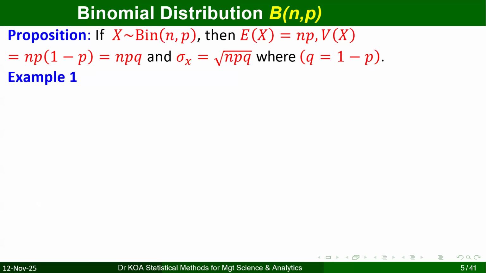Because in the Bernoulli trial, I told you that N is 1, that is why, if you remember, it ended up becoming PQ for the variance. But here, N is not 1 in a binomial, and so it will end up with NPQ. And then, of course, the standard deviation is the square root of the variance. Does that make sense? Any question before we proceed with an example?